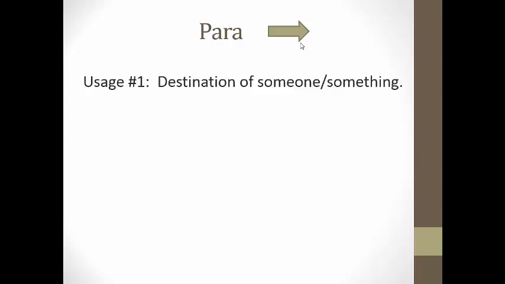Okay, so rule number 1, you're always going to use para when you are talking about the destination of someone or something. Okay, so he is leaving for school right now. That would be his destination. Let's look at our example sentences you see on your note guide. This soap is for the bathroom.